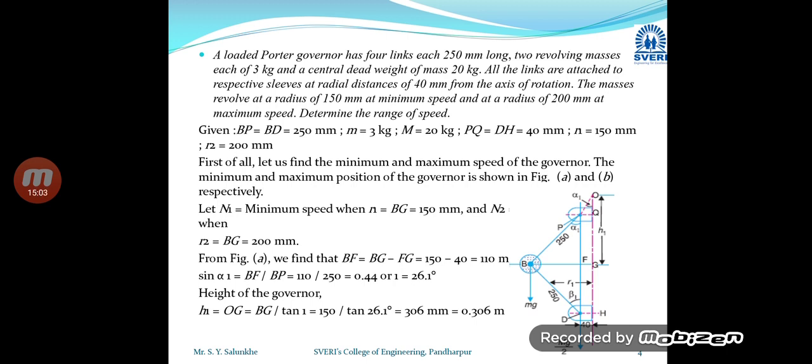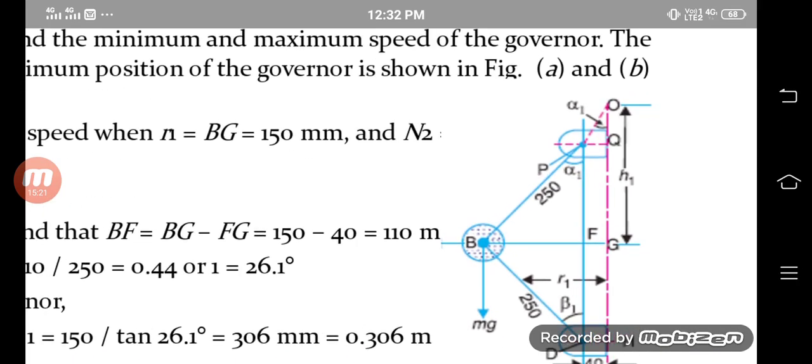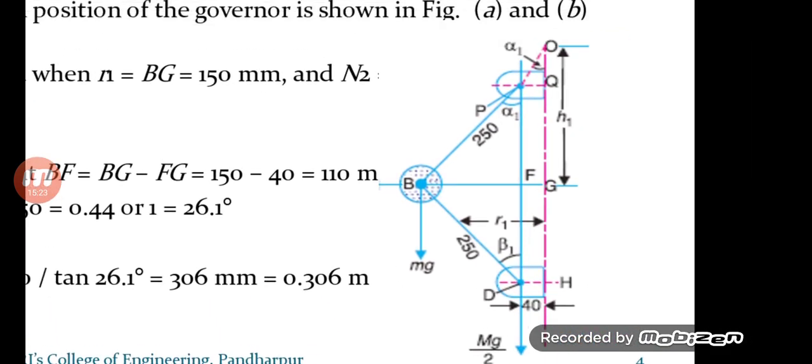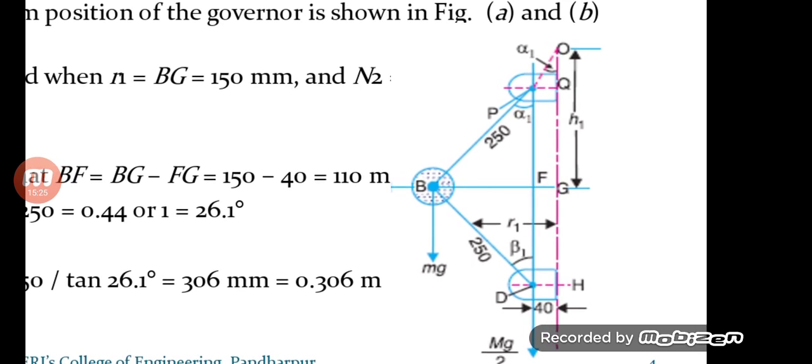In this case, what will happen? While we are going to calculate the height of the governor, that height is calculated by extending the upper arm up to the center of rotation, that is the spindle axis. So from this diagram, you can observe that the upper arm is extended up to the spindle axis.